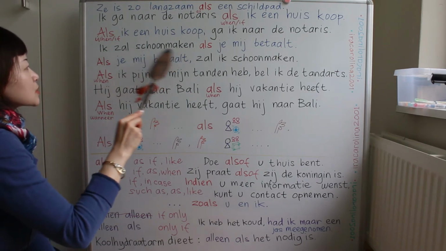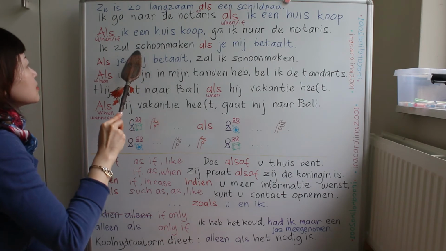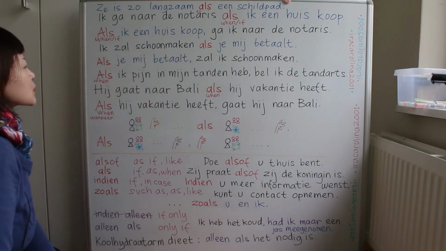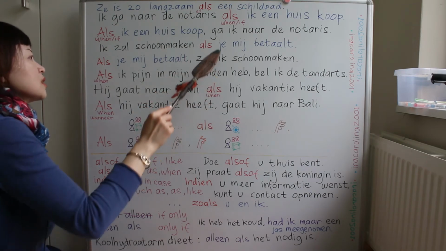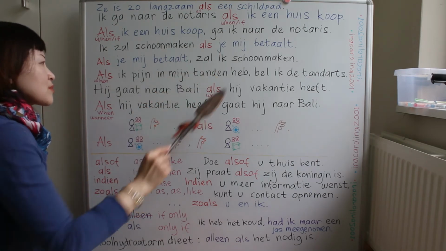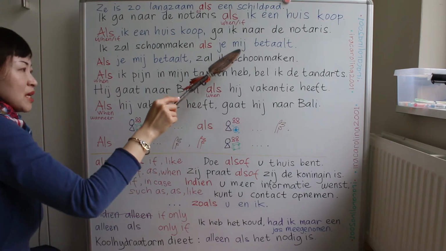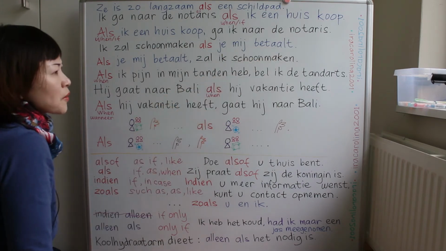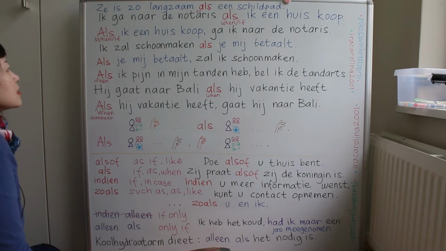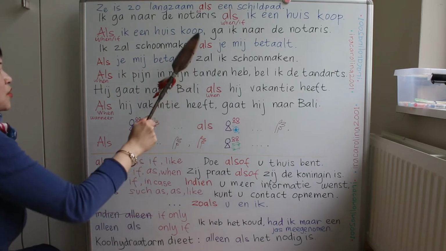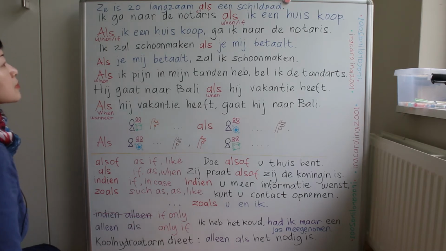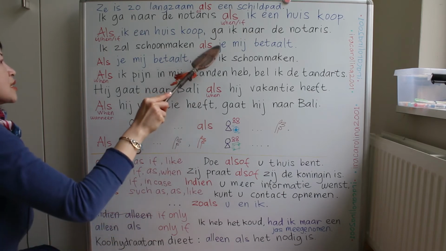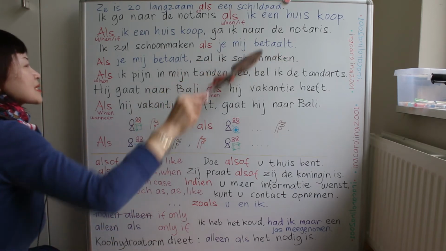Together it becomes one word, schoonmaken. Als, if you, mij, me, betaalt, pay. So this is if. If you pay me, I will do the cleaning. I will clean. Als je mij betaalt.